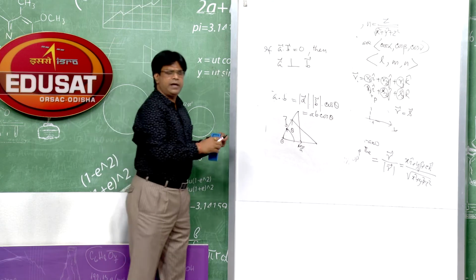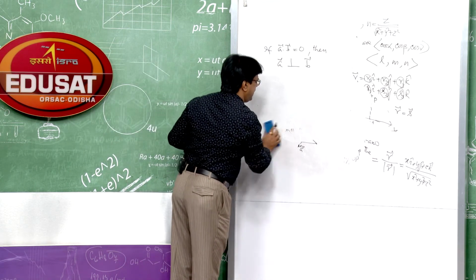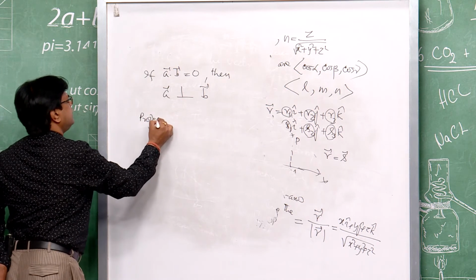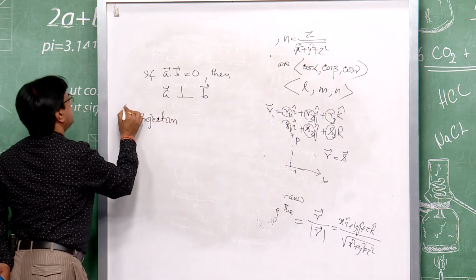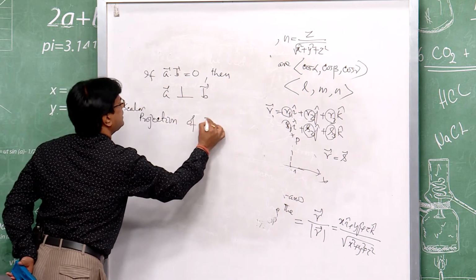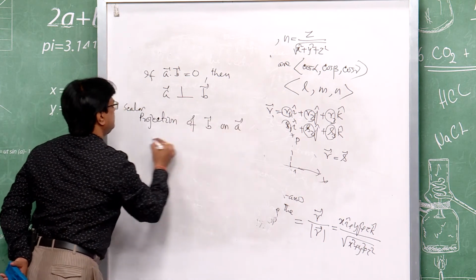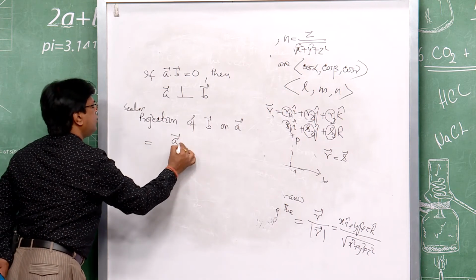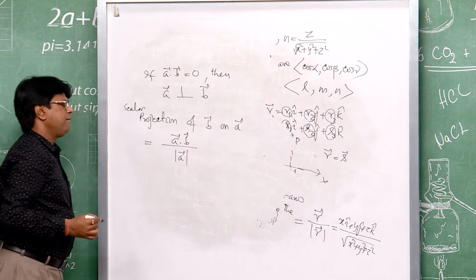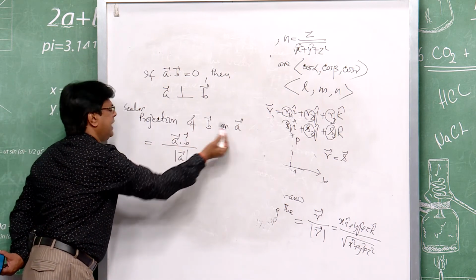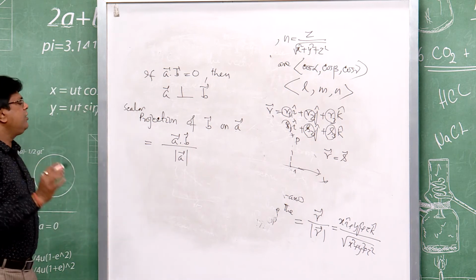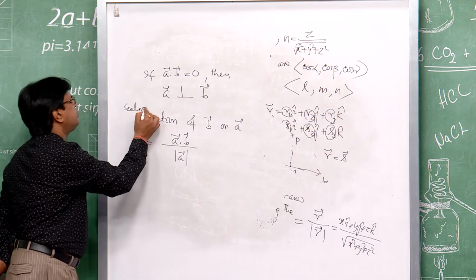Similarly, we can also find the projection, or scalar projection, of B vector on A vector. This is A dot B by magnitude of A, because B on A means we have to divide by the magnitude of A. This is your scalar projection.